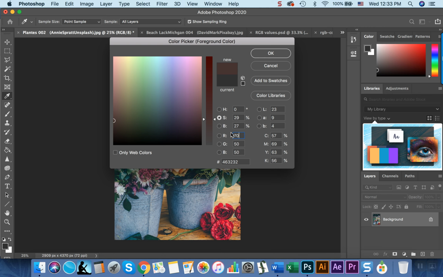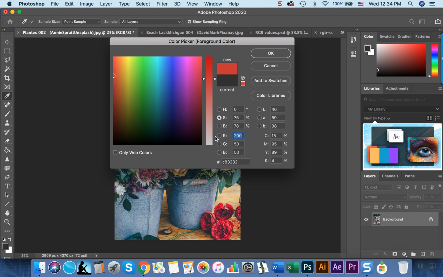So now I have a question for you. What do I need to do to increase the saturation? If I want to make that red stronger, what are my options? And you can say, well, option number one is you can increase the red. So if I increase the red, I can take the red to 100, so that will increase the saturation. I can take the red to 200, that will increase the saturation even more.